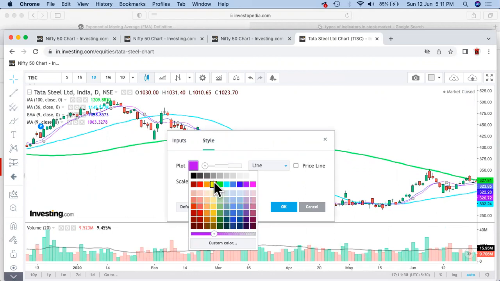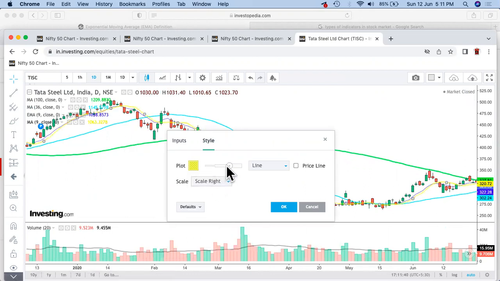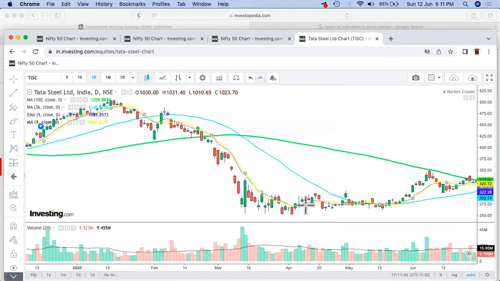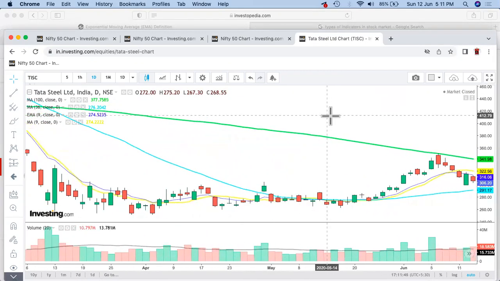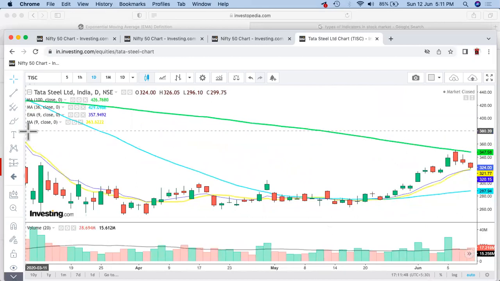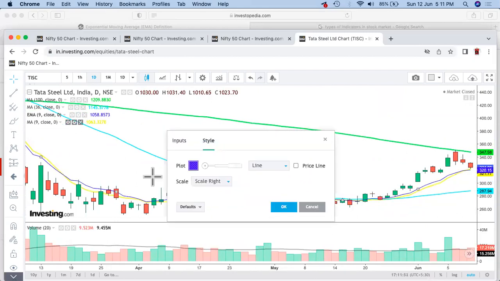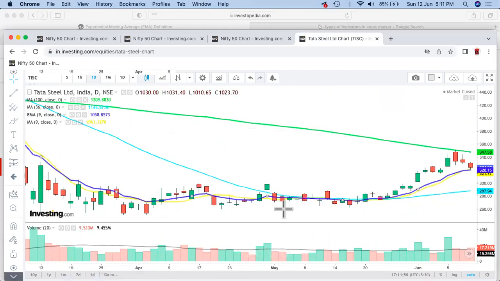I'll keep this one yellow, just to know the difference, that's it, right? So the yellow one is my moving average, and the one in blue color is my exponential moving average.